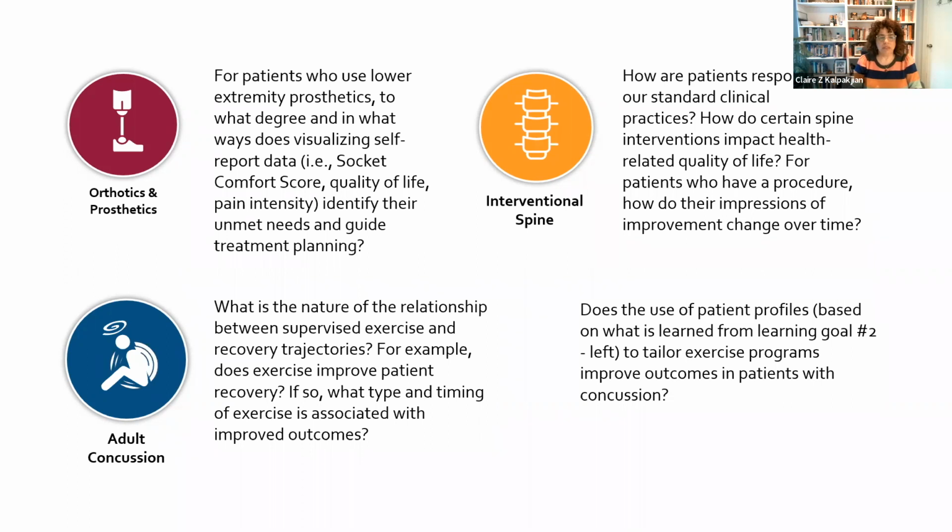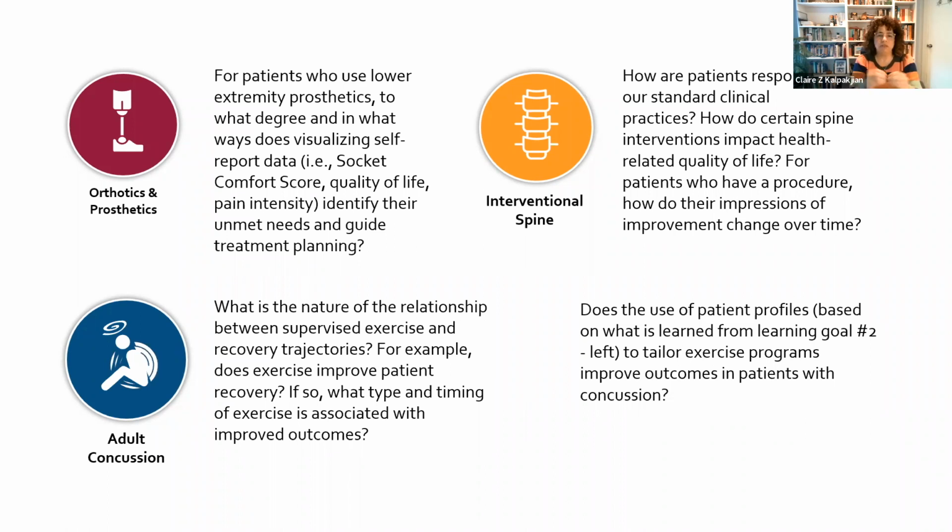And then for adult concussion, this group in particular does a lot of work around exercise prescriptions, and they really want to understand, is supervised exercise related to the trajectory of recovery after acute concussion? And this is paired with their original first learning goal of who are our patients.